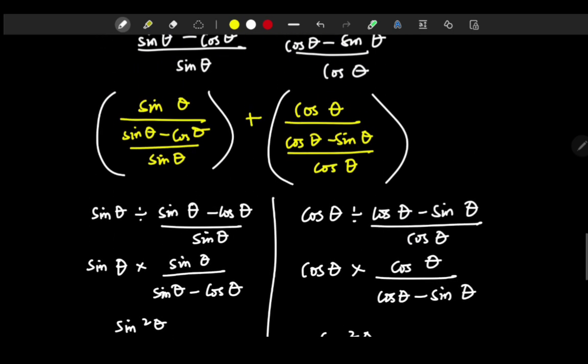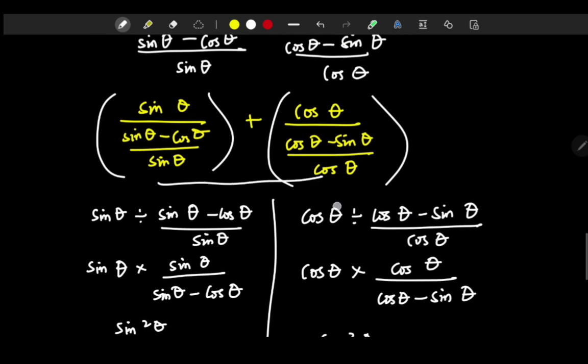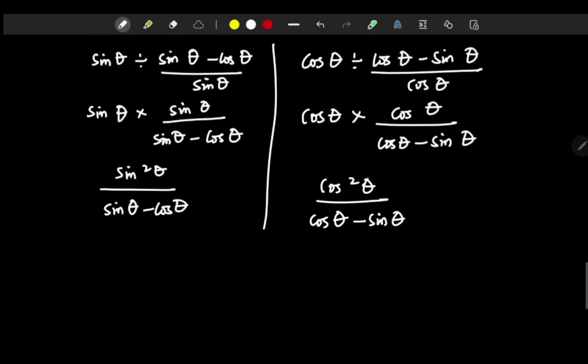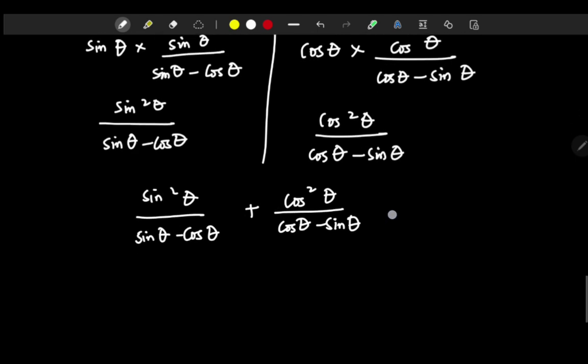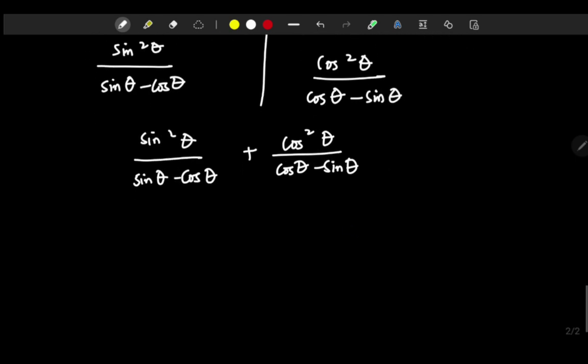All right, so now this becomes sine square theta over sine theta minus cos theta plus cos square theta over cos theta minus sine theta. Good. Now if you look at the denominators, they look almost the same.